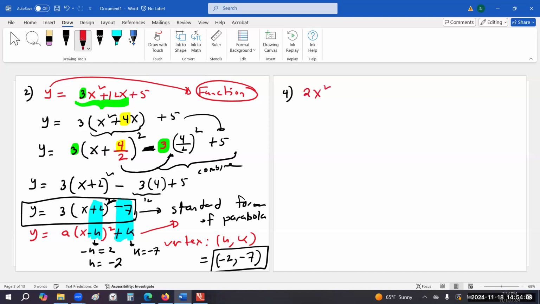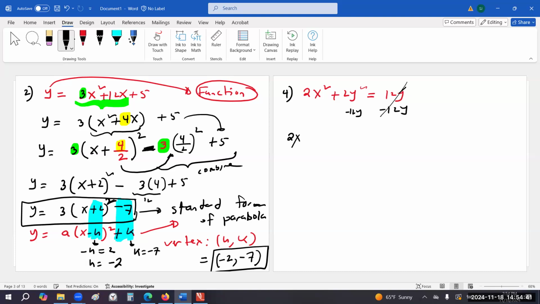So we have 2x squared plus 2y squared equals 12y. Our first problem is that the y term is on the other side of the equal sign. In order to complete the square, we must bring x terms and y terms together, so we get rid of the 12y from both sides. So we get 2x squared plus 2y squared minus 12y equals 0.